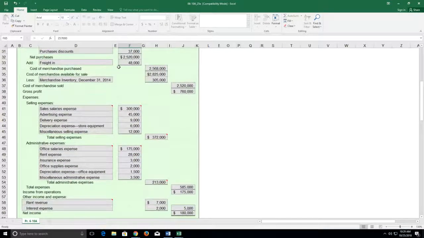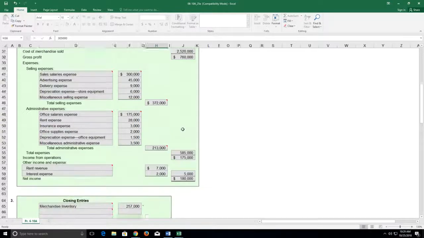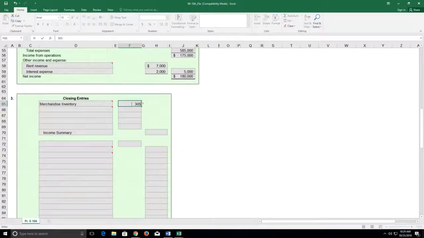Merchandise inventory. That's what we got left, 305. And then we'll do the remaining accounts in the same order they're presented on the income statement.